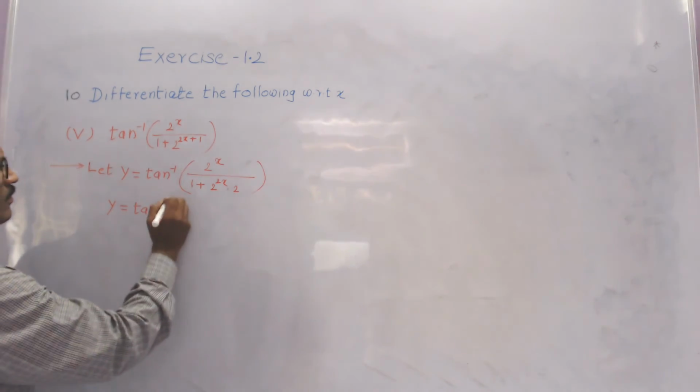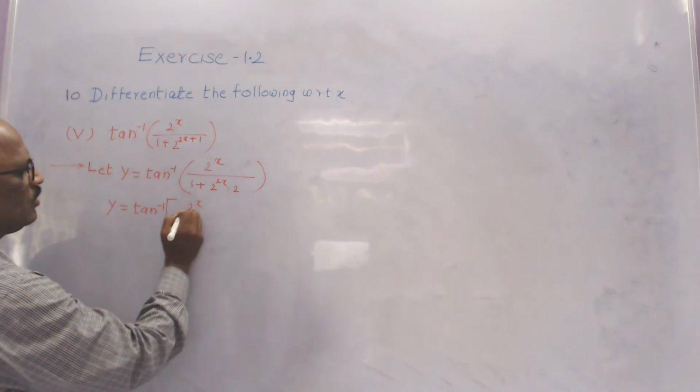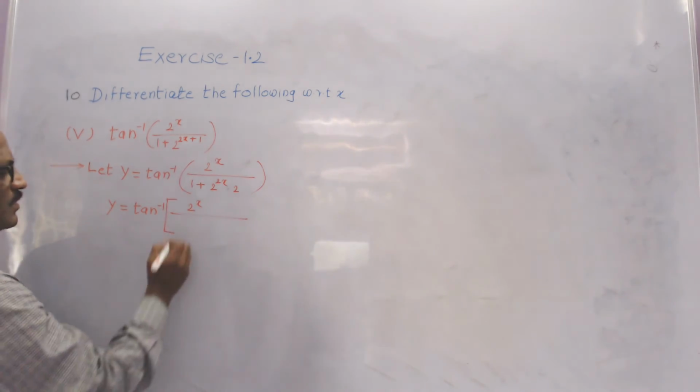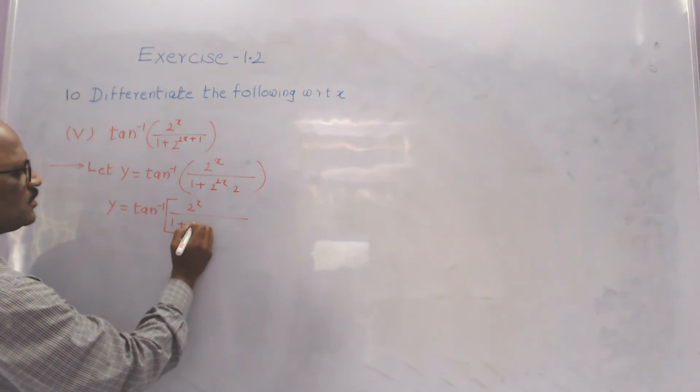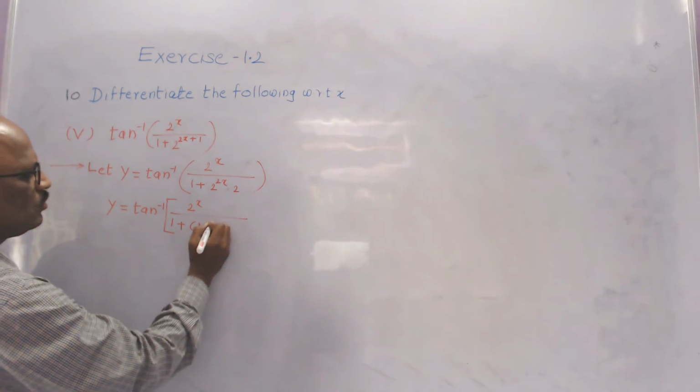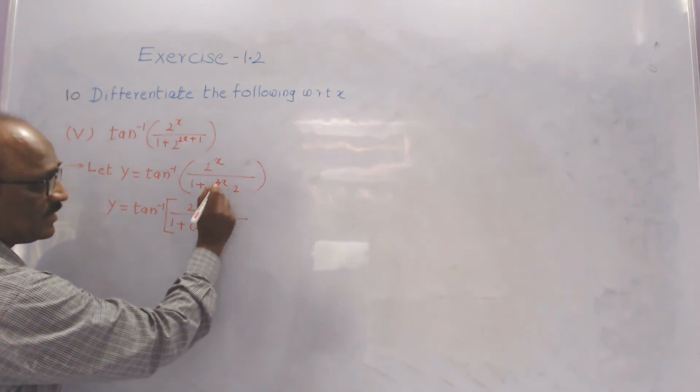Here 1 plus 2 into 2 raised to x, that is 2 raised to 2x.